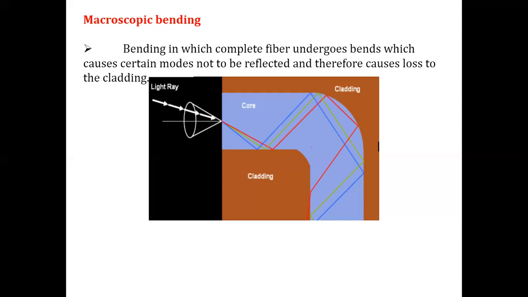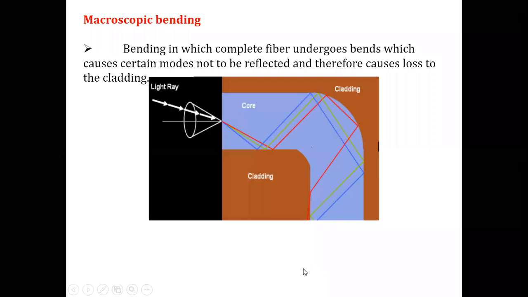So this macro bending may be reduced by designing fiber with large refractive index difference. So while designing, the refractive index difference should be very large, and operating at the shorter wavelength is possible, right? So the first thing, how we can reduce this macro bending means designing the fiber with large relative refractive index difference, and operating at the shortest wavelength is possible. So this is called as macro bending.